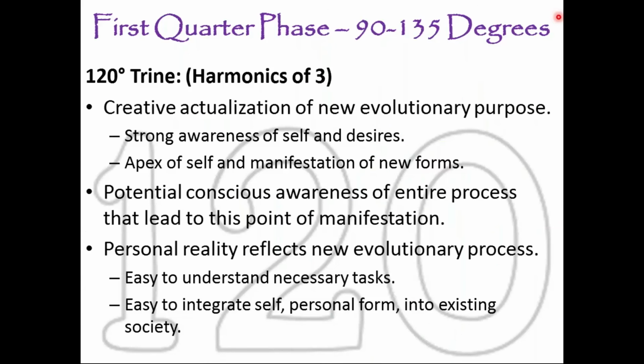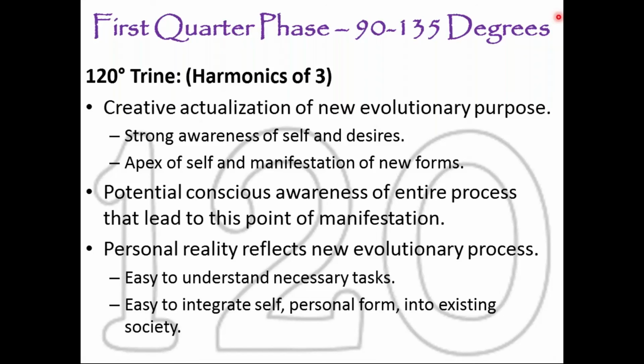The next aspect that we will then come to in this phase is, of course, the trine, and we call this the waxing trine or the first quarter trine, the 120-degree aspect. And here's where everything, as you can start to see from 90 degrees to the 120, here's where everything has been coming together through all that prior effort to actually, to creatively actualize. And so whatever those new desires were with Mars and Pluto from the conjunction, here is the fullness of manifestation.